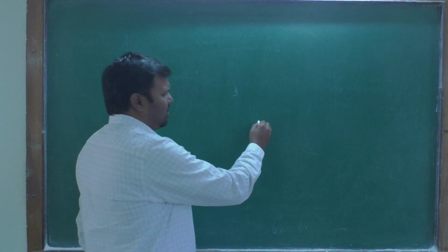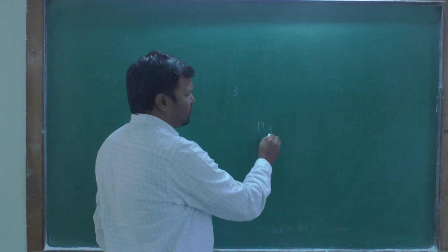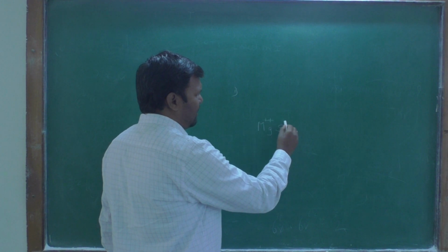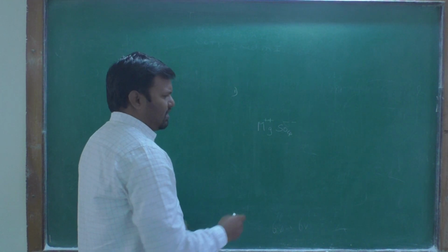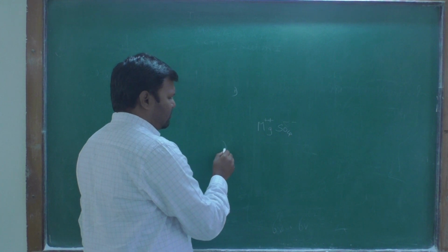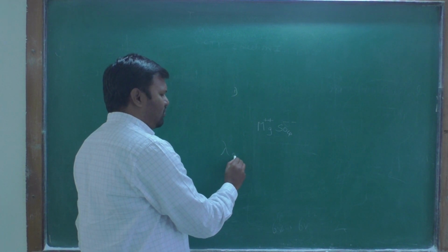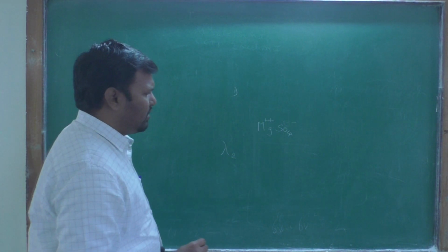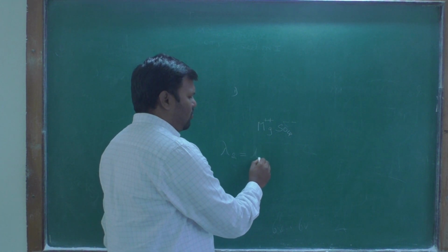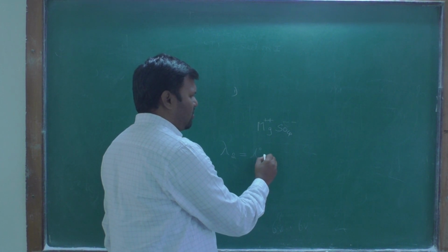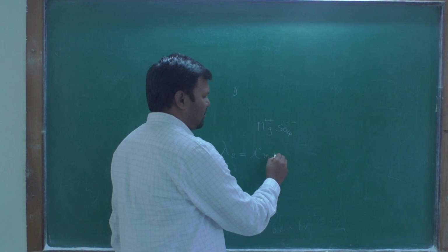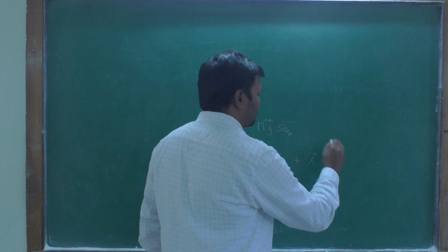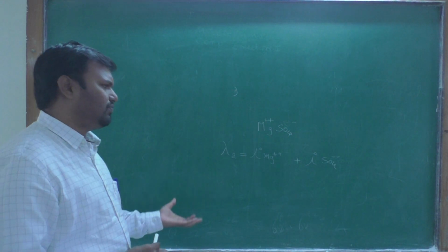Suppose we have one example, MgSO4. Mg has a 2 plus sign and SO4 has a 2 minus sign. Therefore the equivalent conductance, lambda 0, where lambda 0 means the equivalent conductance at infinite dilution, is given by the equivalent conductance of Mg plus the equivalent conductance of the SO4 minus ion at very dilute condition.